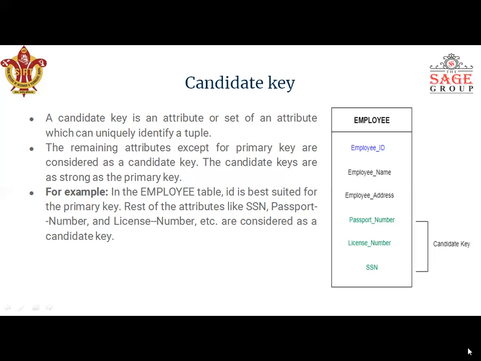All 3 are unique and cannot be null, because every license number is unique. So out of these 3 attributes, any attribute can be considered a candidate key, which works exactly like a primary key. Why? Because we want to uniquely identify the data. So there is the concept of primary key.